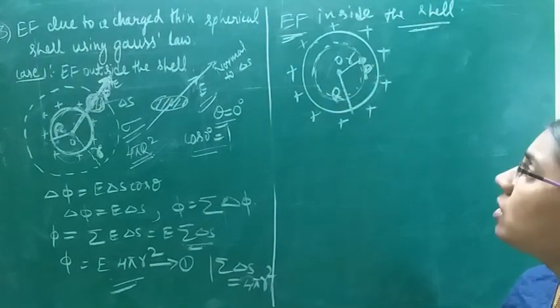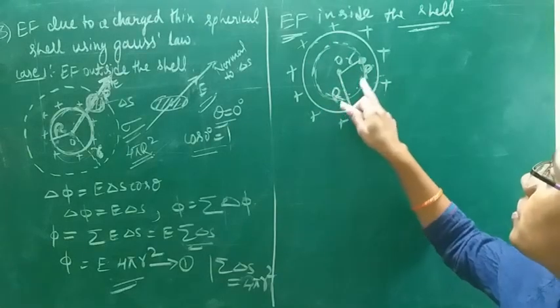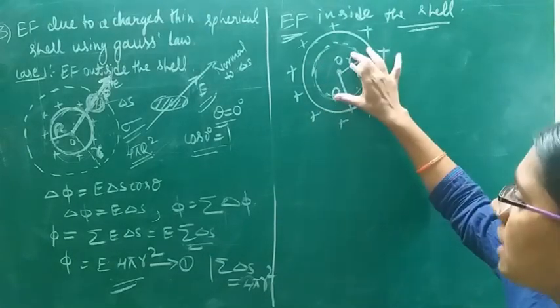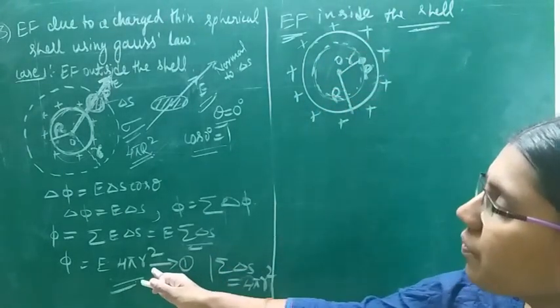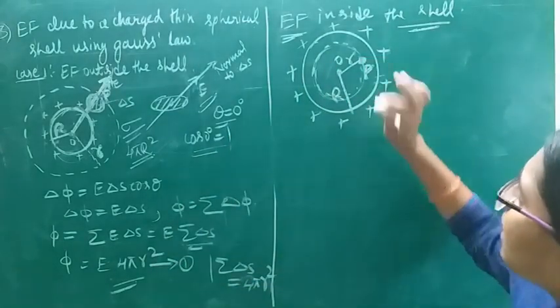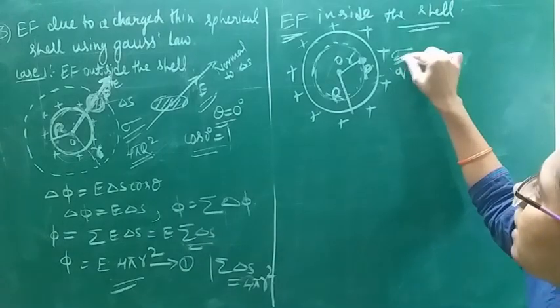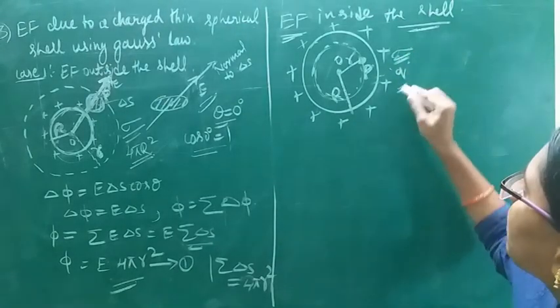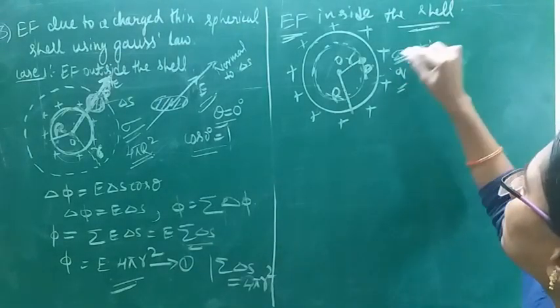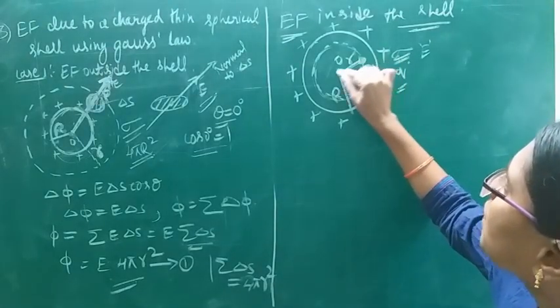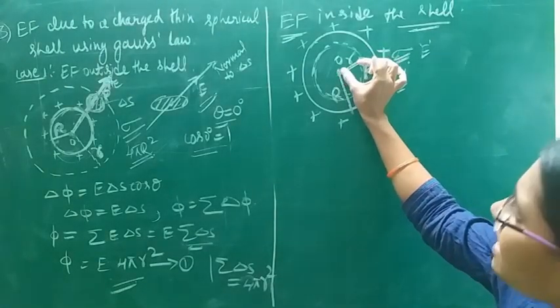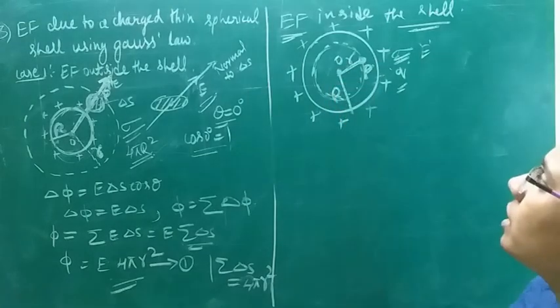Okay. Now the flux due to this Gaussian surface is given by, from equation 1, see here, nothing has changed. Sigma is as it is, Q is as it is, so electric field is also as it is. The only thing is this r, the distance of the Gaussian surface, is reduced. Let it be small r only.